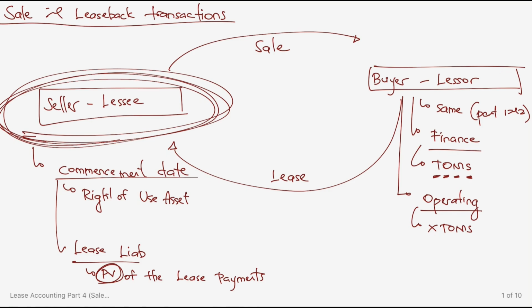Pero kapag walang implicit rate na given, we don't have any choice but to use the incremental borrowing rate. Okay? While minimum lease payments, na-discuss natin to sa part 3. Ano nga ulit laman niyan? Lima. First will be the fixed lease payments. Pangalawa will be the variable lease payments. Pangatlo will be the option to purchase. Pang-apat will be the residual value guarantee. Then last but not the least will be the termination penalties.